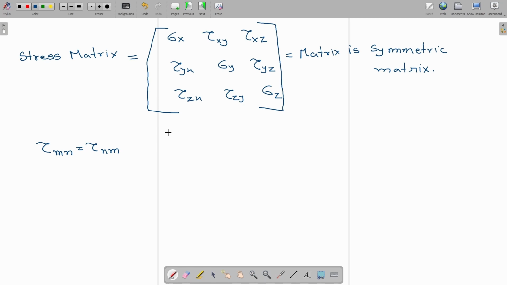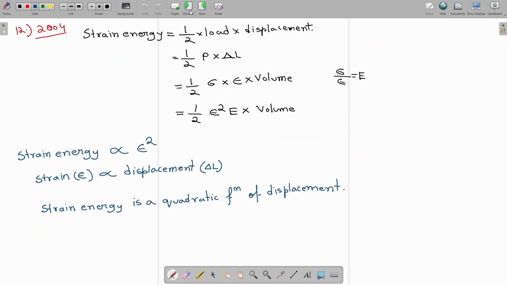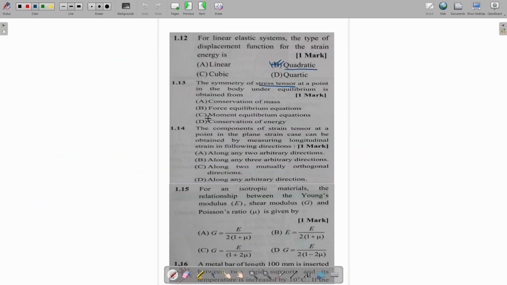Okay, so therefore to obtain the symmetry of stress tensor at a point in a body under equilibrium, we need to apply the moment equilibrium method. Therefore, our answer is the moment equilibrium equation.